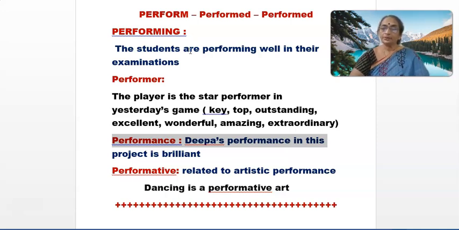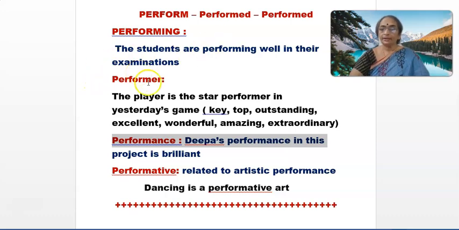It means she is doing well, she is working well in her office. The boys are performing well in their projects. It means that they are doing well in their project work. The students are performing well in their examinations. It means their performance is good, and they are doing well in their examinations. So here we have dealt with two meanings.